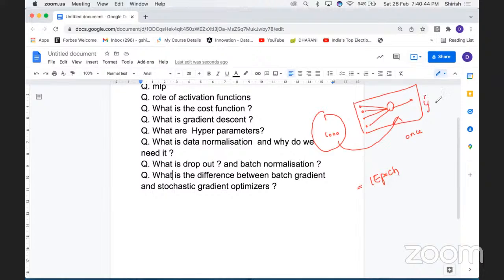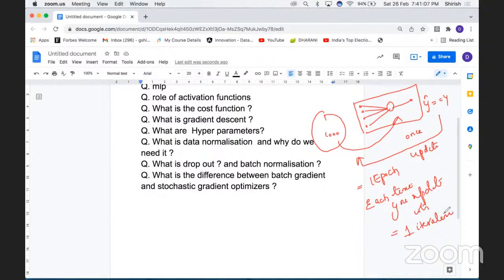You get y hat, you compare with y, you come back and update the weights. Each time you update the weights, it is called one iteration.